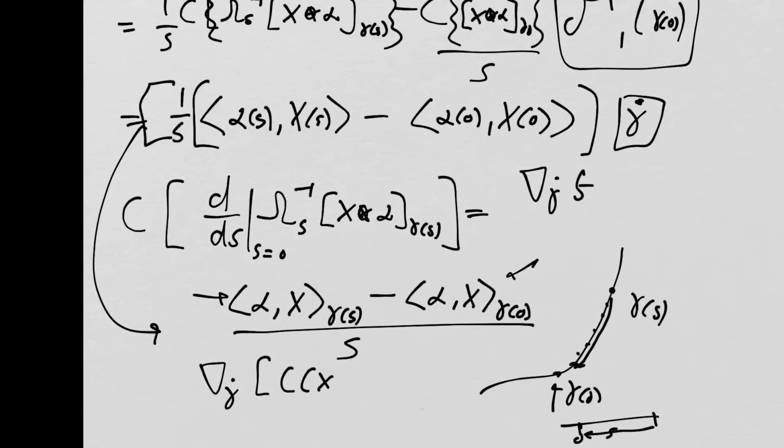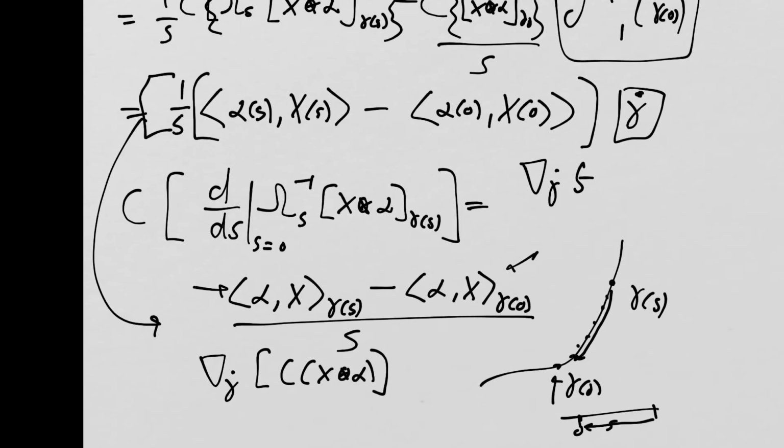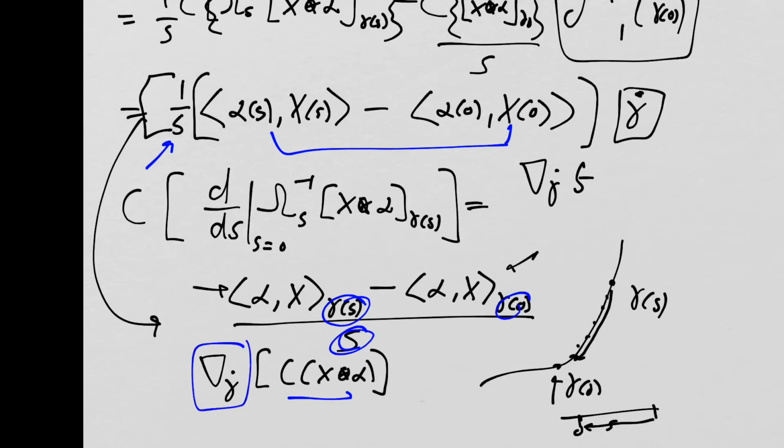But that thing here, that difference, is always going to be the contraction of x tensor product alpha, right? And so that shows us, now we just put these things together, right? This contraction here, by definition, is what this is, right here in the middle. And this combined with the derivative and the fact that you're evaluating it along this curve and that this is going to 0, that's what creates this structure here. And then this is the contraction operator.